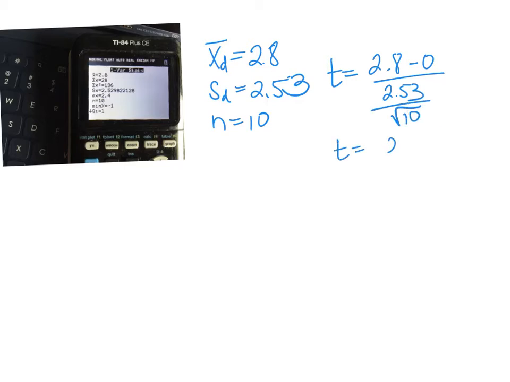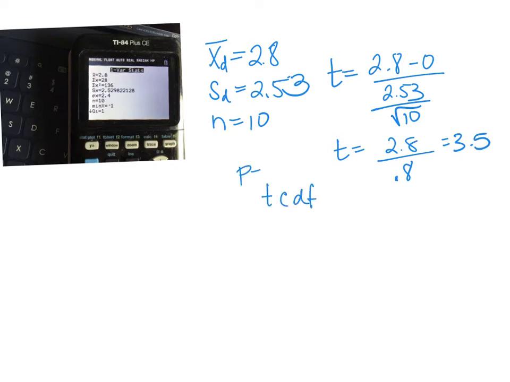So that's 2.8 divided by, and I like to just calculate the standard error so that later on, if I need to make a confidence interval, I already have that calculated. So that's 0.8. 2.8 divided by 0.8 is 3.5. And then I'm going to do tcdf.